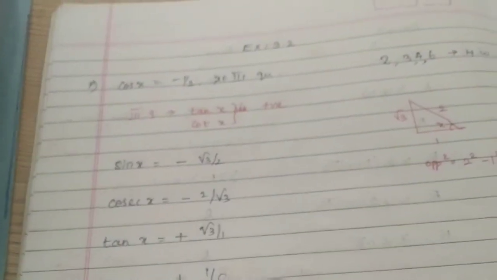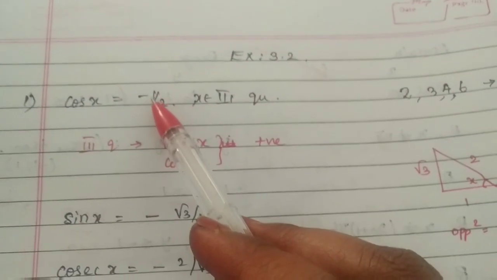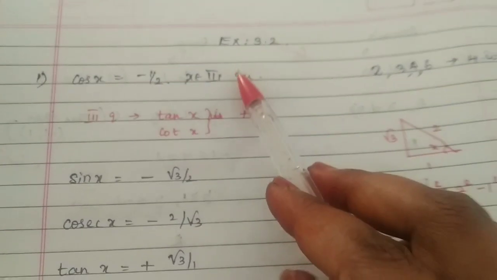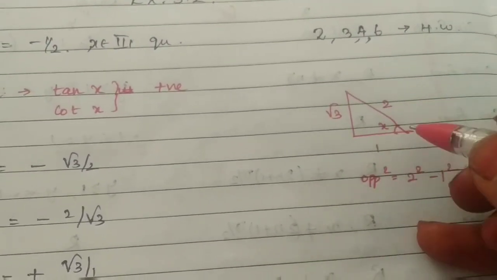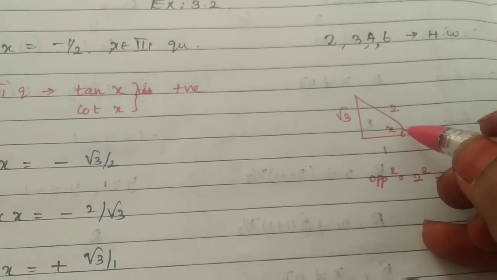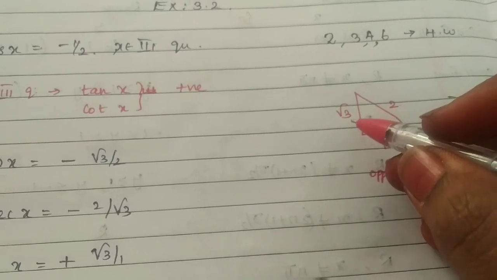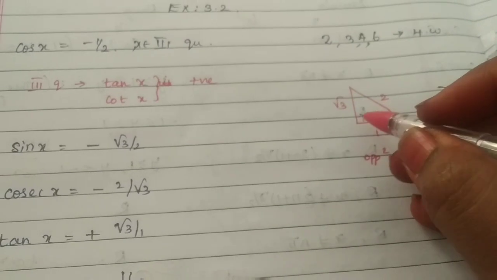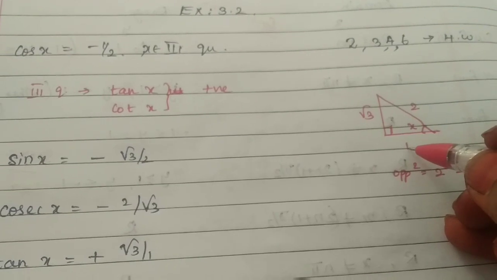So before moving on, you need to find this. Cos x is nothing but adjacent side divided by hypotenuse. Therefore there is no need to write the minus sign, since it lies in the third quadrant, it is negative. So, let us consider a right angle triangle, and this angle is x, and the side opposite to the given angle is the opposite side, the side opposite to 90 degrees is the hypotenuse, and the remaining side is the adjacent side.